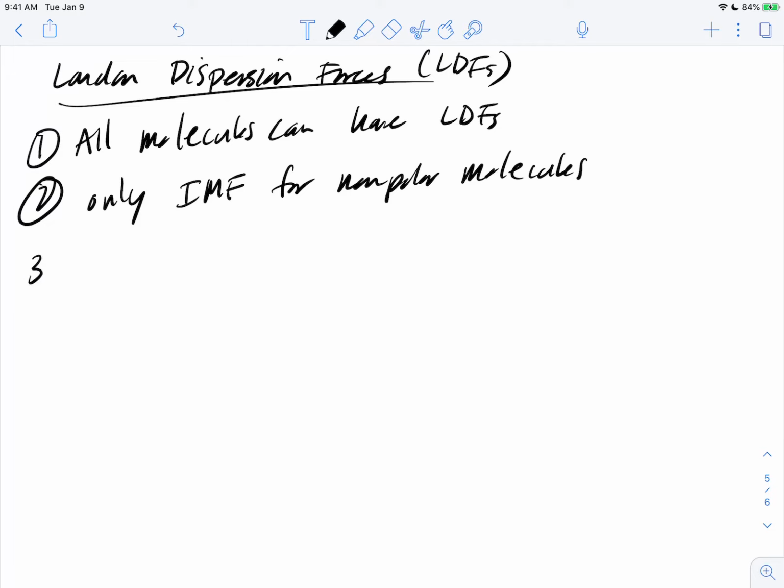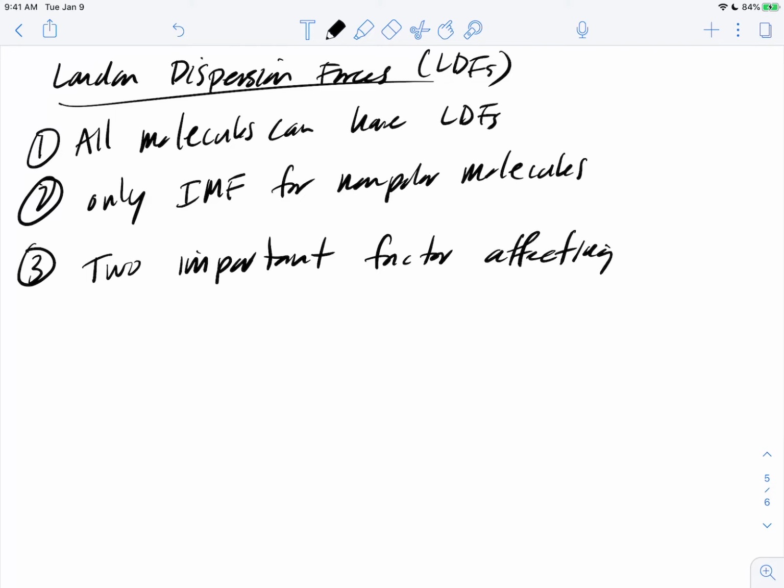So there are two important factors affecting the strength of LDFs, and once we know these factors, we'll talk about how it works. The first we look at is something called polarizability.